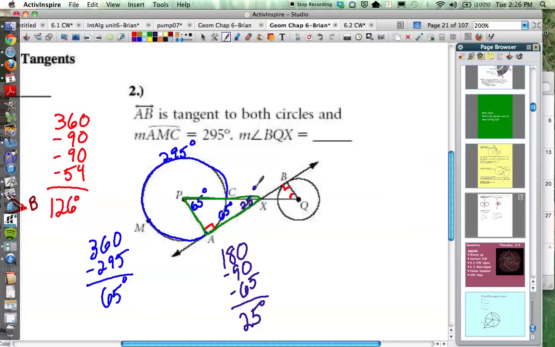What's the angle directly across from that? Remember from our work first term, that's called a vertical angle. Vertical angles are congruent, so that is 25 degrees as well. And so that second smaller triangle will have the same exact measures as the first triangle. We've got a 90 degree angle, 25 degree angle. So that remaining angle, which is BQX, would have to be 65 degrees also. So the measure of angle BQX is 65 degrees.